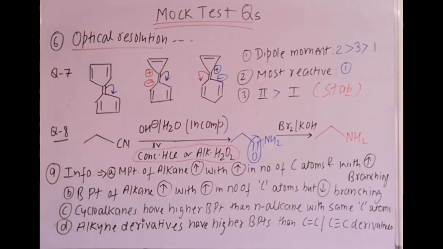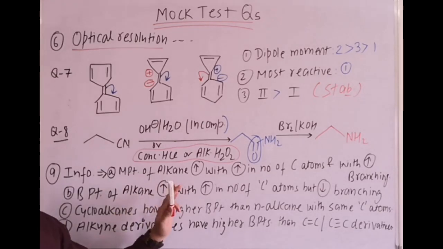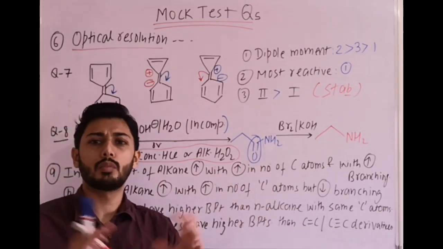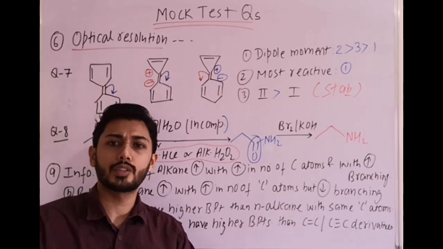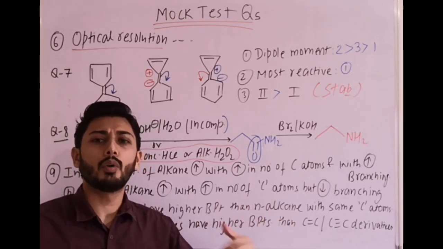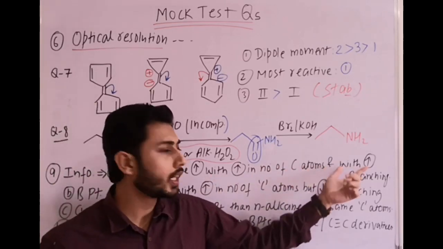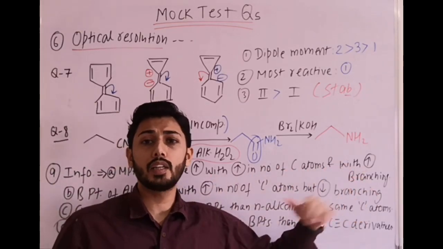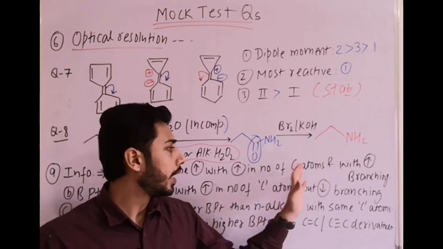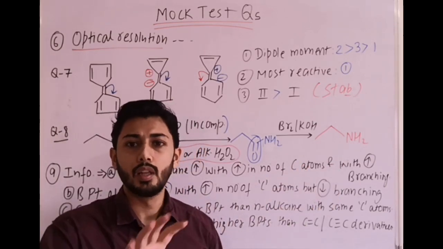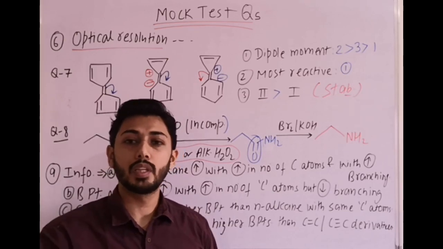First information: the melting point of alkanes increases with increasing number of carbon atoms. You all know that as the number of carbon atoms increases, more force of attraction will be there, and melting point and boiling point increase. So this part is no doubt correct. And with increase in branching, now this part is given as correct in NTA, although there are some deviations in the examples. The most important example is neopentane.